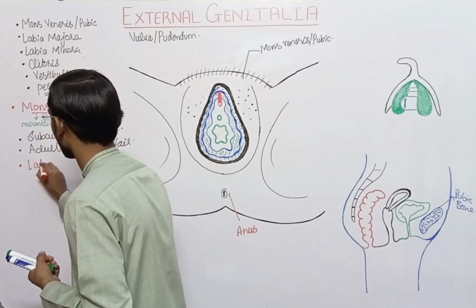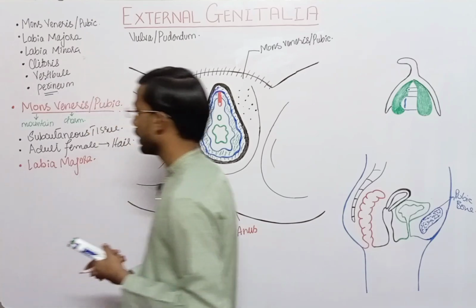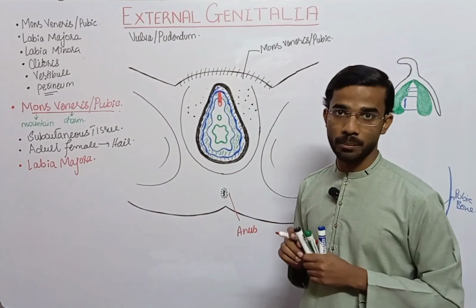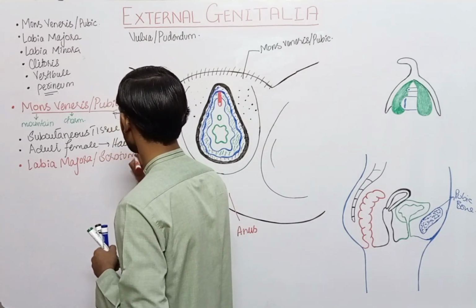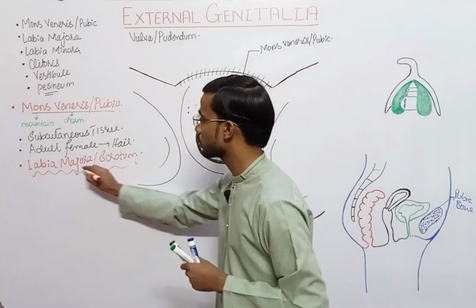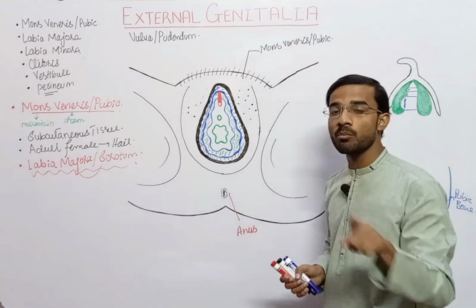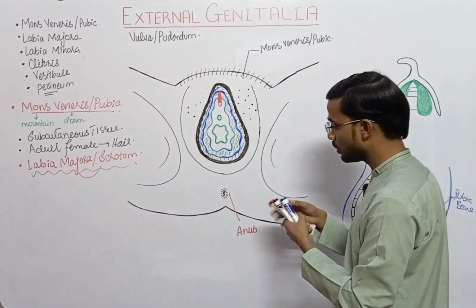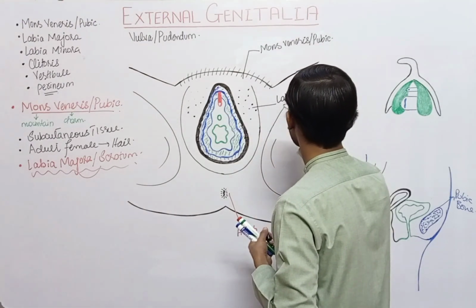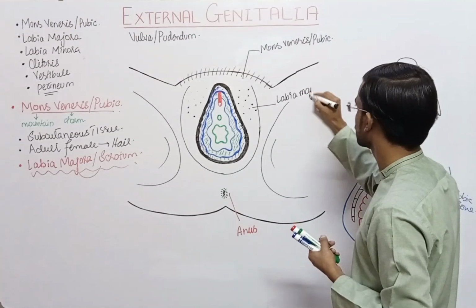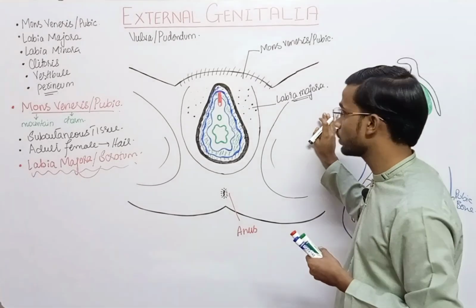The labia majora is analogous to the scrotum in the male. It is the outermost part of the genitalia, and here you can see this component is the labia majora, which is analogous to the scrotum.